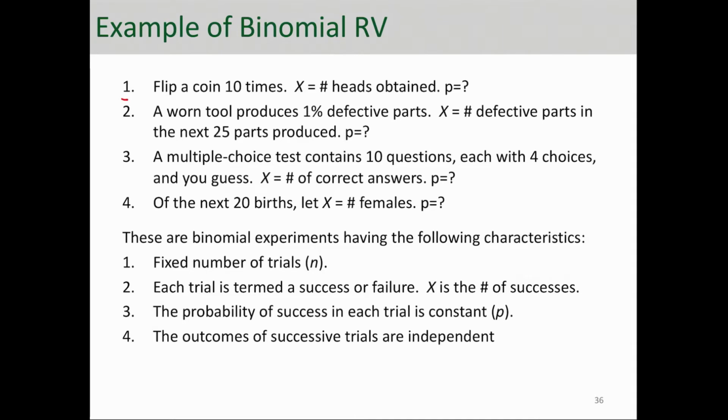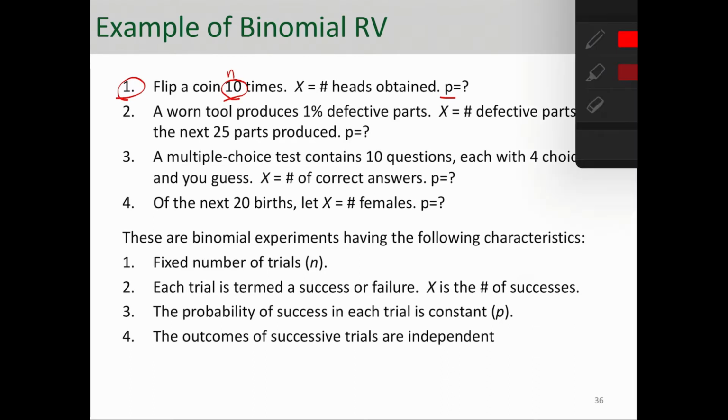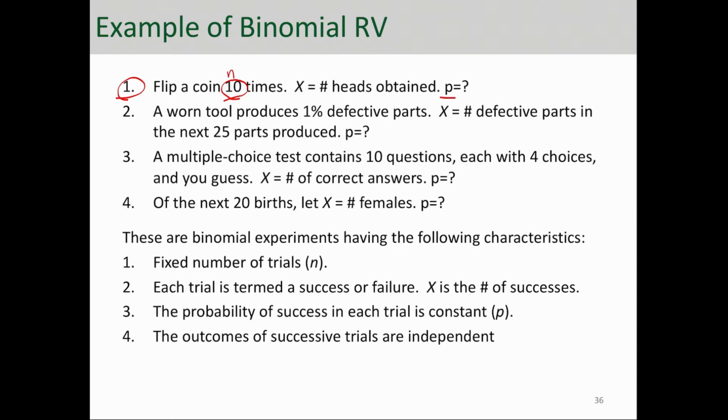First, flipping a coin 10 times, and X is number of heads obtained. What is the p? Well, we know that this random variable is 10 Bernoulli trials. So n is 10. But what is the p? Probability of success here. And success is obtaining a head.